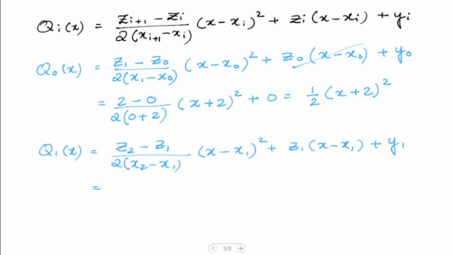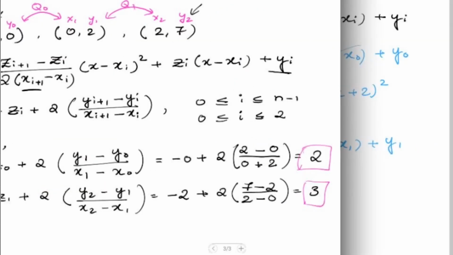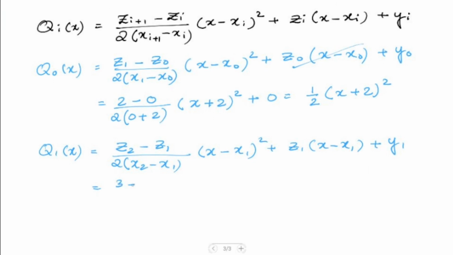Now z2 is 3, so that's (3 minus z1, which is 2) divided by 2 times (x2 is 2 minus x1 is 0), times (x minus 0) squared, plus z1 is 2 times (x minus 0), plus y1 is 2.